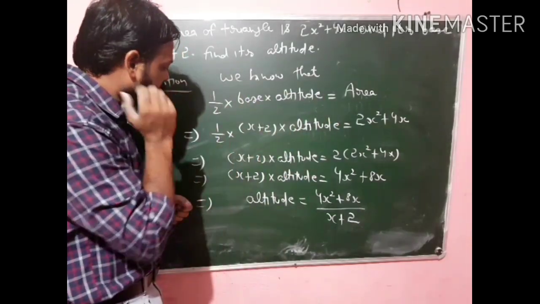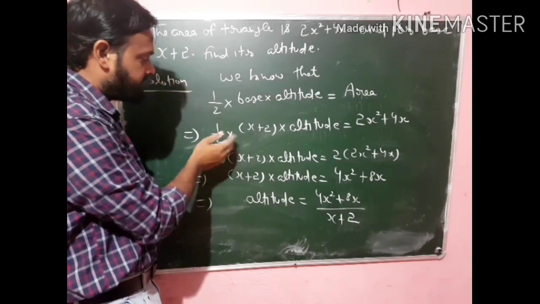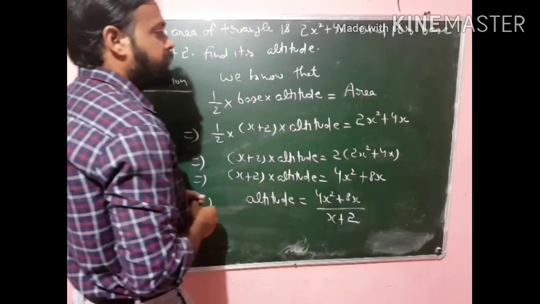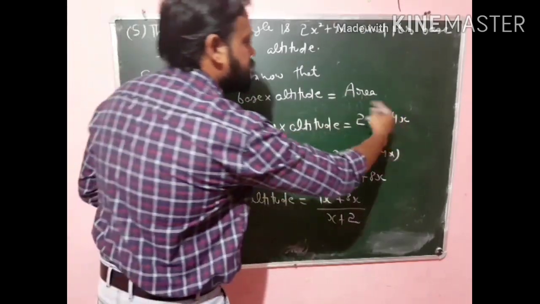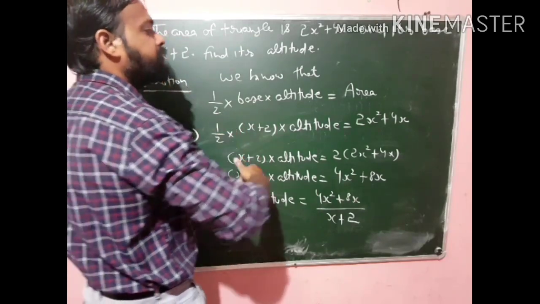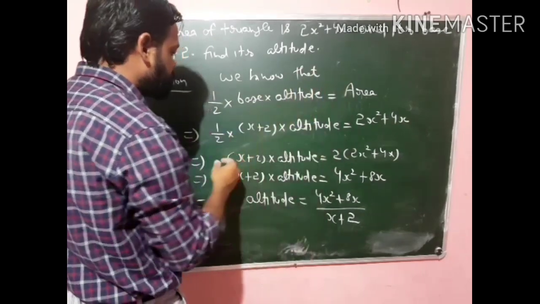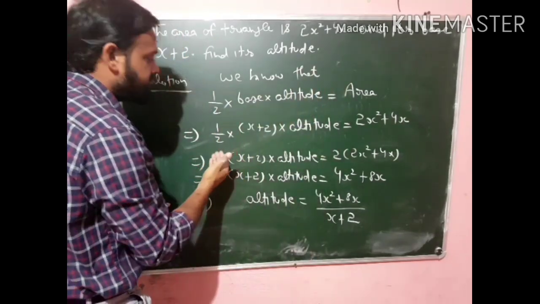And when we take the 2 which is in the denominator to the right hand side, it will be multiplied with this whole term. Why? Because here it is in the denominator, and when we take it to the other side, it becomes multiplication, because here the 2 is in a division.